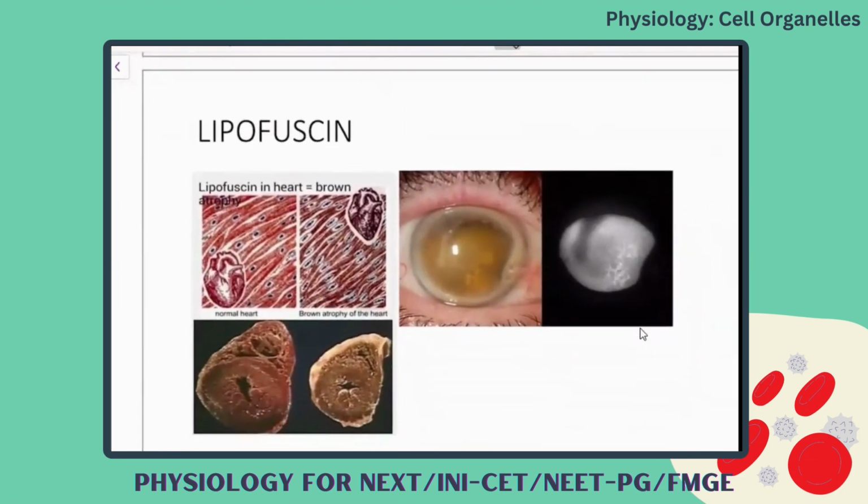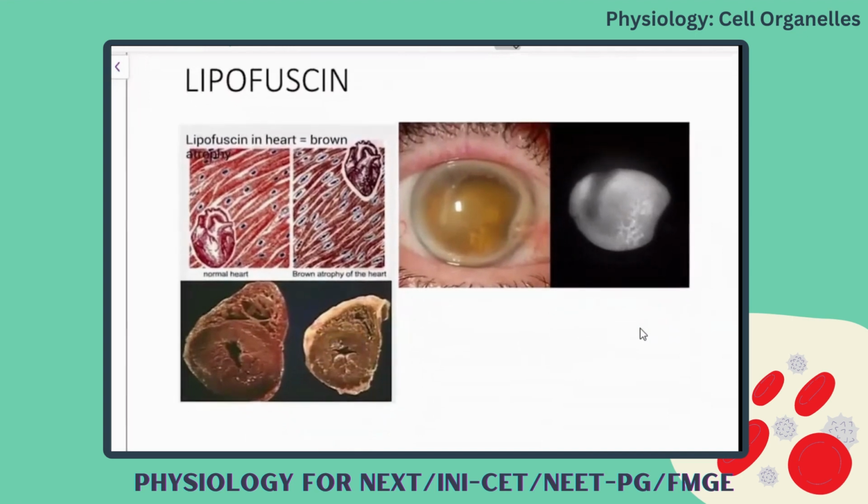And now coming to the mechanism called lipofuscin. Have you come across the term lipofuscin? Yes? What are all the things you are seeing here? Any idea about lipofuscin? It is the mechanism of lipochromes. What are lipochromes?